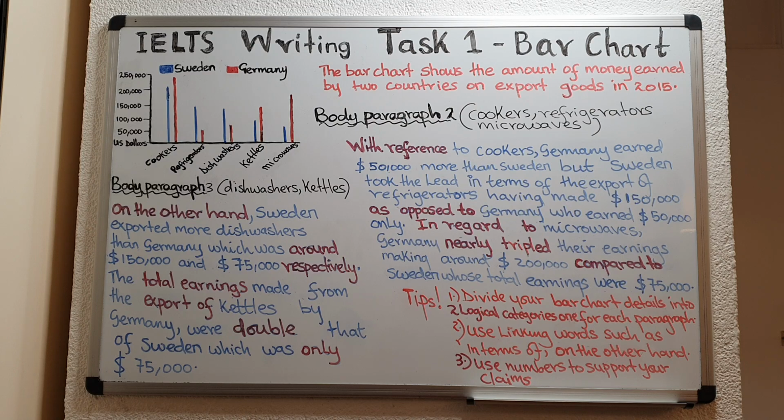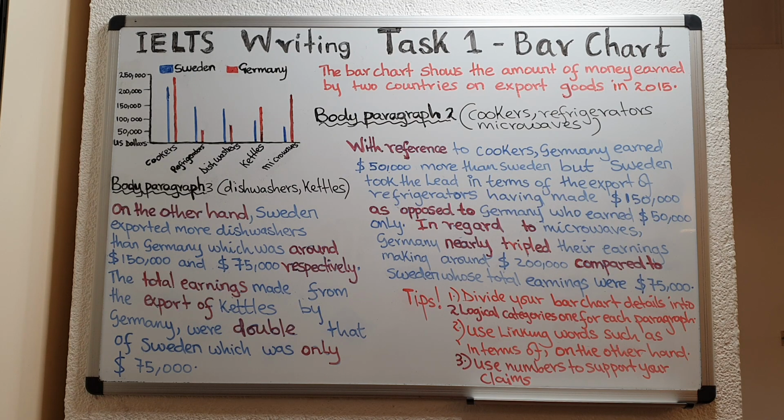Okay, they were double. If you look at the bar chart, you notice that Germany made $150,000 from their export of kettles. Yet Sweden made only $75,000. So it was double.